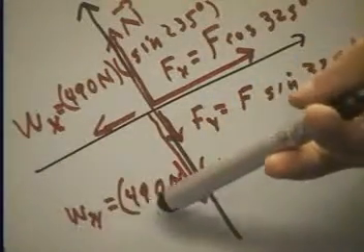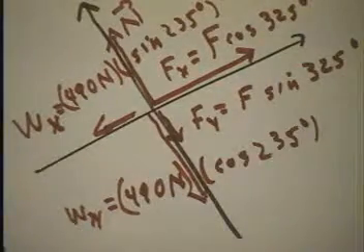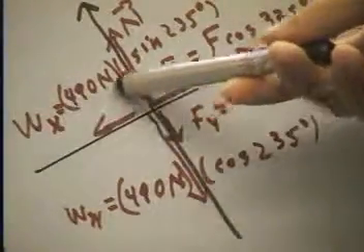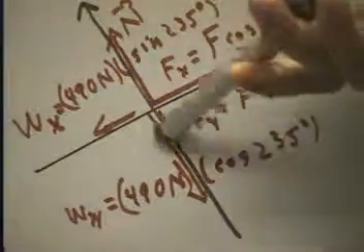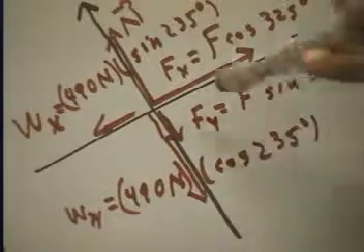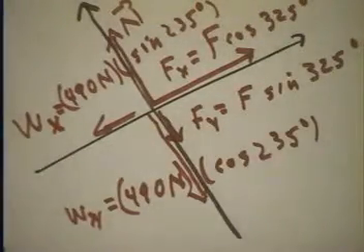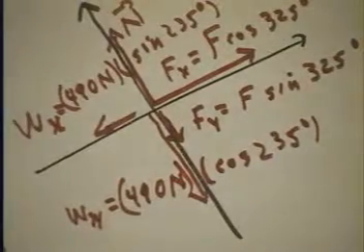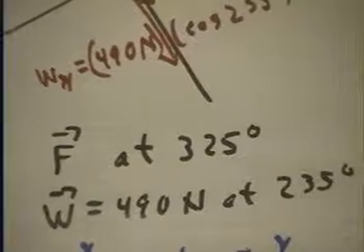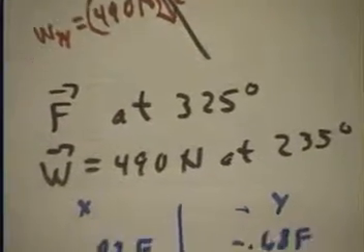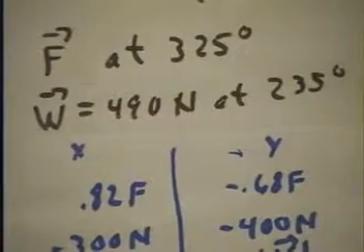So the y component of the weight is 490 newtons times the cosine of 235 degrees. The x component is of course 490 newtons times the sine of 235 degrees. The normal force is just there. We haven't labeled it. It has only a y component, and we'll find out what that is shortly. Here we simply note that the force is at 325 degrees and the weight is 490 newtons at 235 degrees.